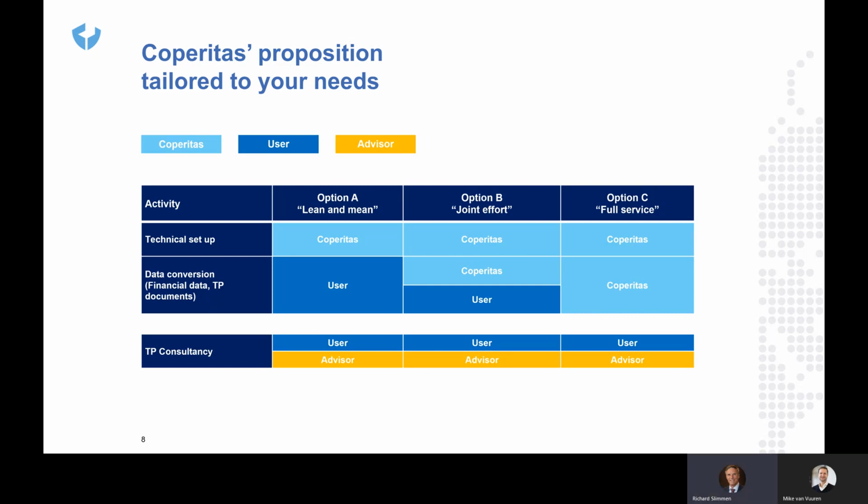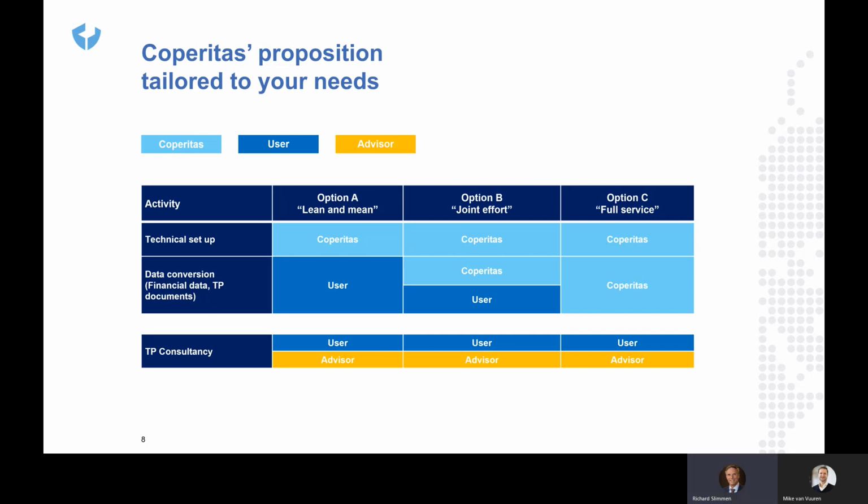All options include training to get familiar with Coperitas, as we do believe it's essential that users are able to do the best and the most of themselves rather than having to rely upon a help desk. So training is essential. Option A is the lean and mean approach, where Coperitas provides access to a private environment while you take care of the data conversion.